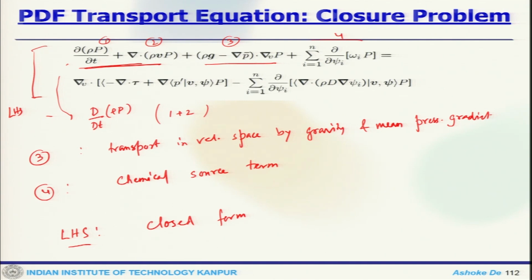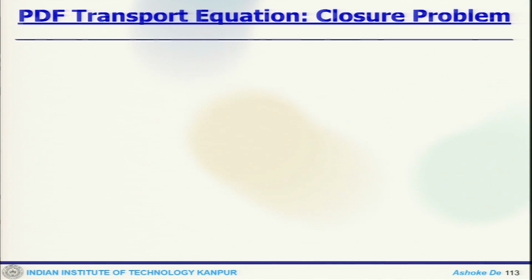Now, another thing one can note is that the mean pressure gradient does not present a closure problem, since the pressure is calculated independently of the PDF equation using the mean velocity field.